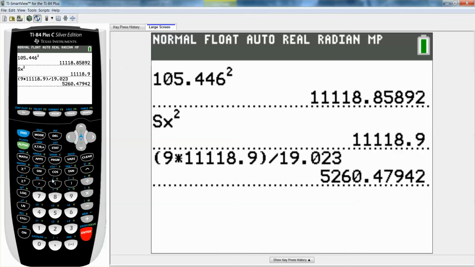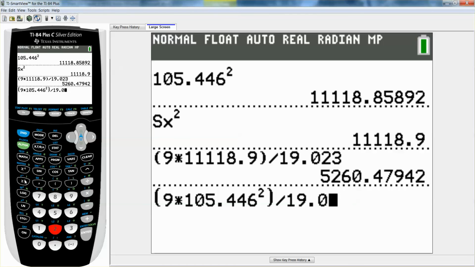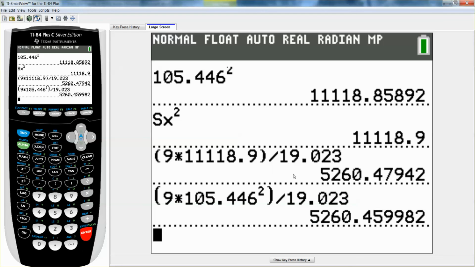Okay, so that's how to do that. Now, if you want to do it with the squared part, that's fine. You can say 9 times 105.446 squared, close that parentheses, divide by 19.023. It doesn't technically need a parentheses, but it's fine.